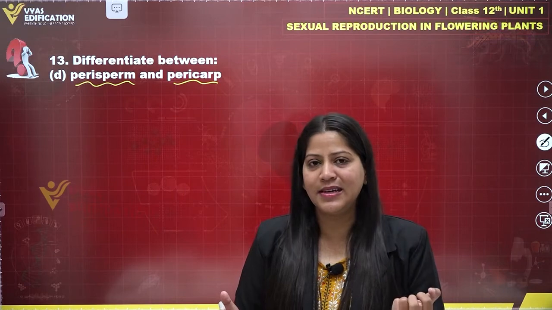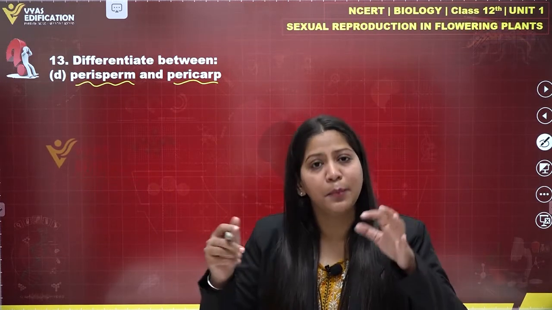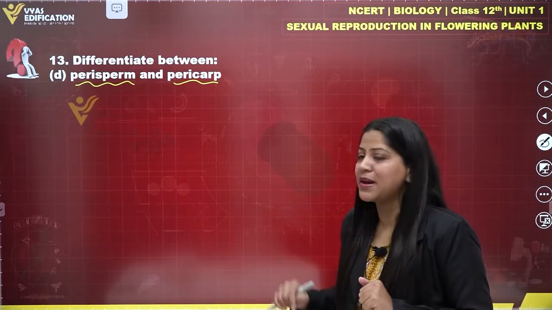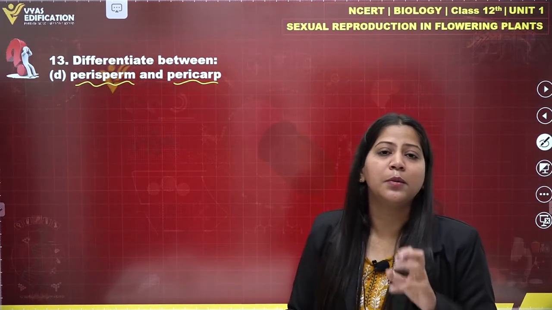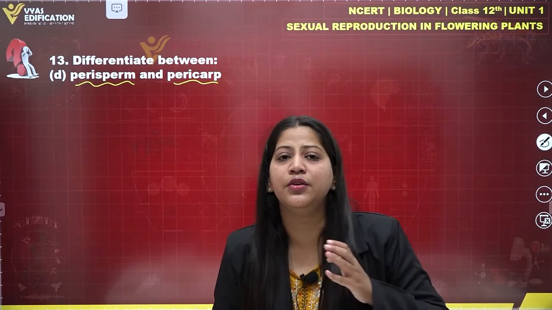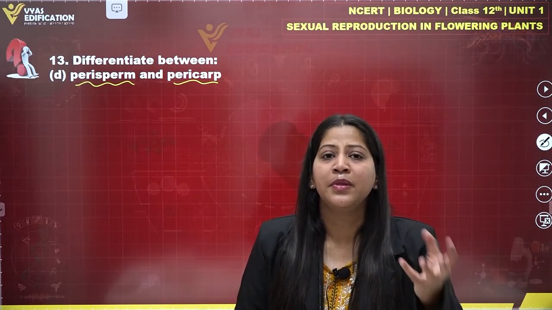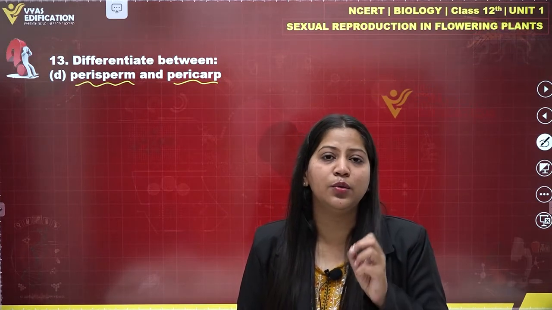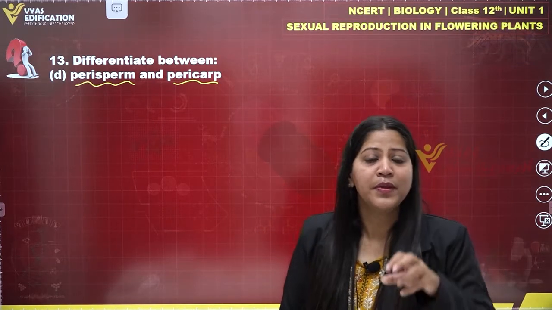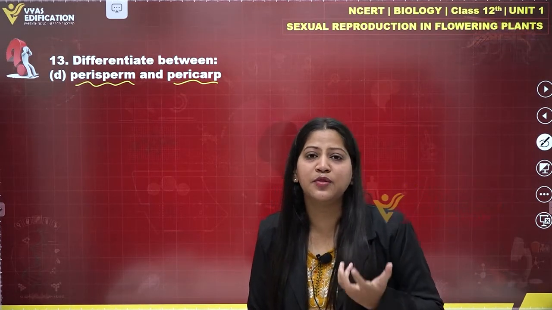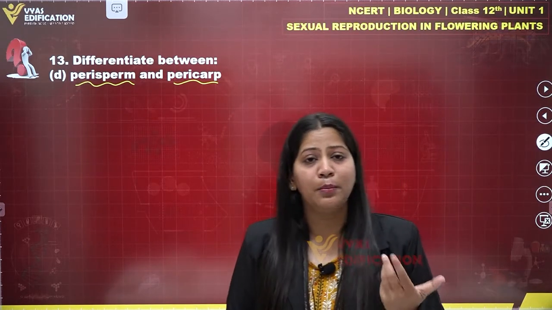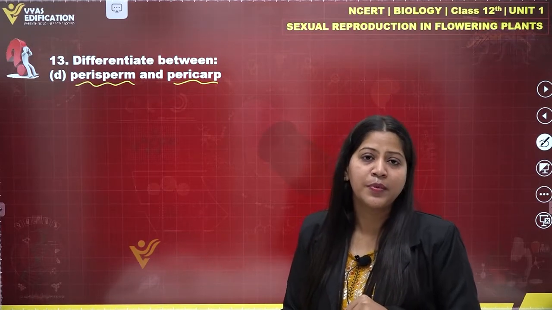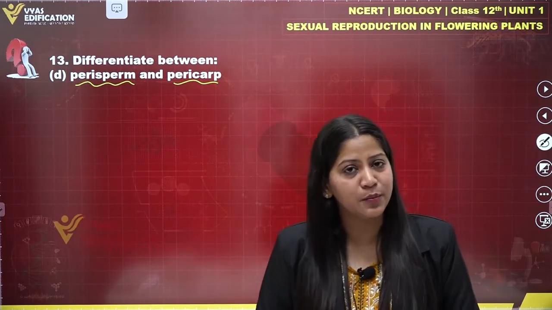In some seeds it does not; it persists for some time. That persistent nucellus is known as perisperm. It is present in some seeds like beet or black pepper.